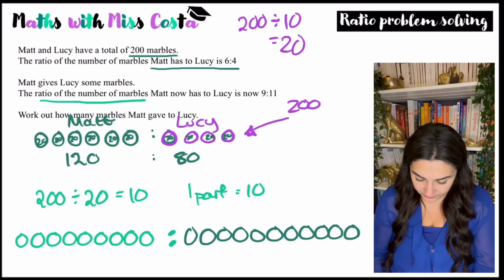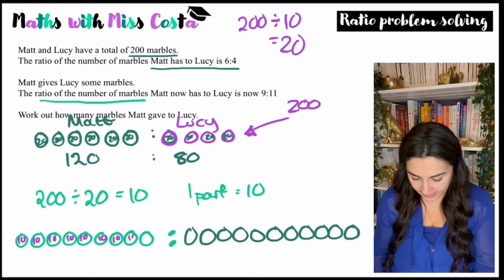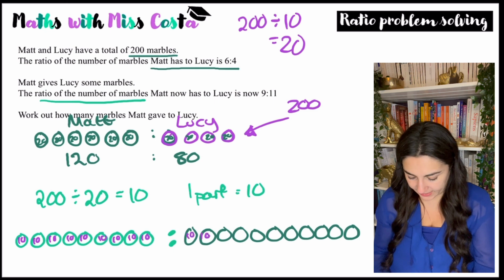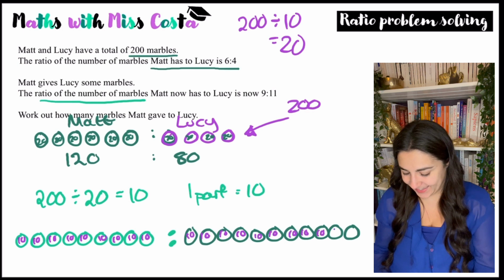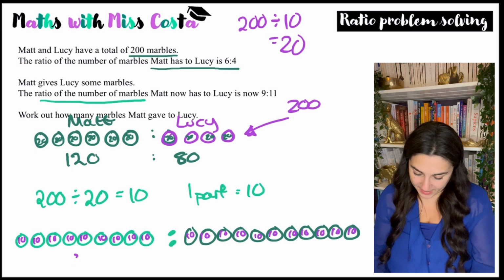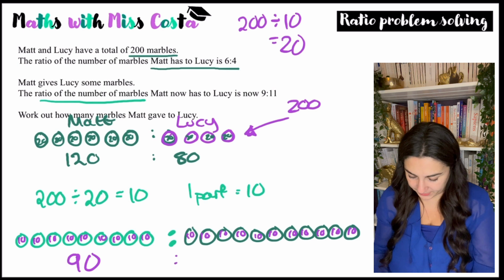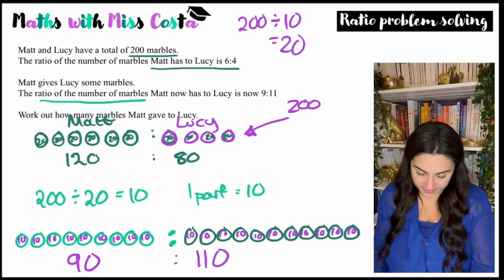So if each part is worth 10, that must mean that Matt has 90, and Lucy has 110.